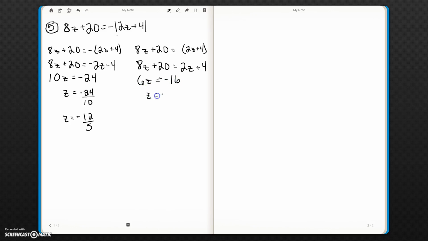So then z is equal to negative 16 divided by 6, which is the same thing. Both of them divided by 2, so it's the same thing as negative 8 thirds. Alright, negative 8 thirds.